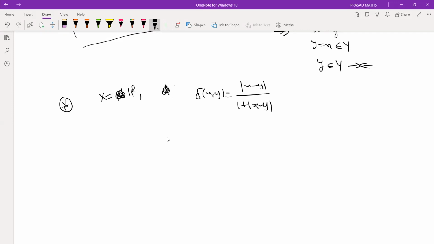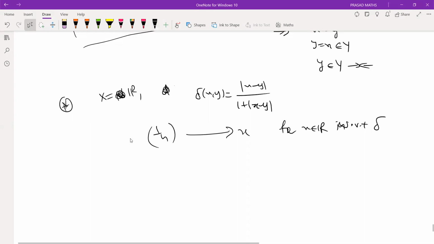Right? So we take 1 by n. The question is, does it converge to x for some x belonging to R with respect to the delta metric? Is it clear? In this metric space, will it converge? Can you say that 1 by n converges with respect to the delta metric?